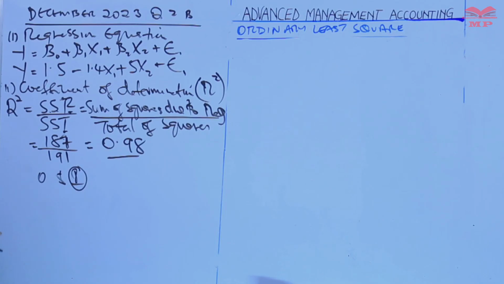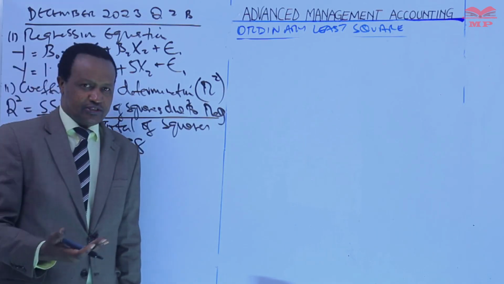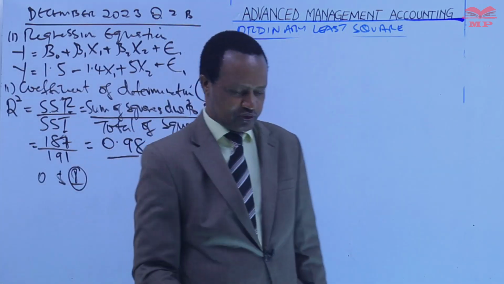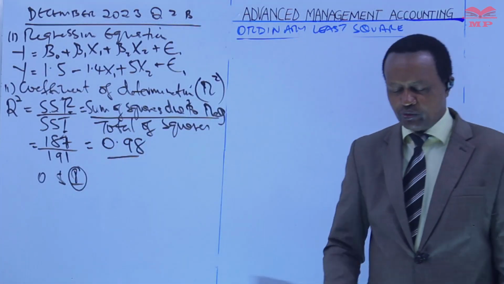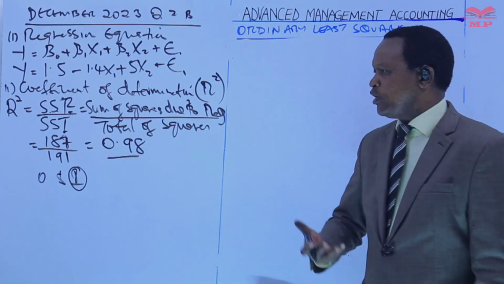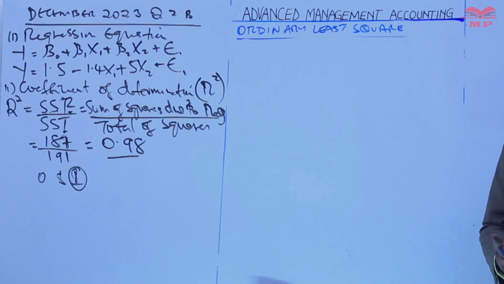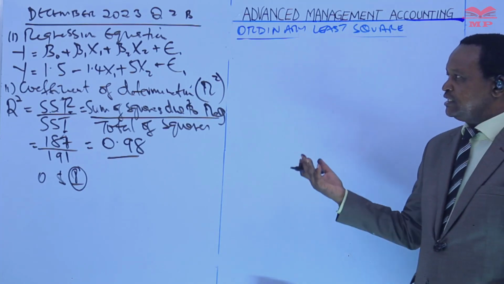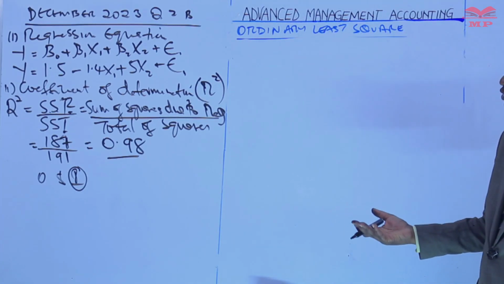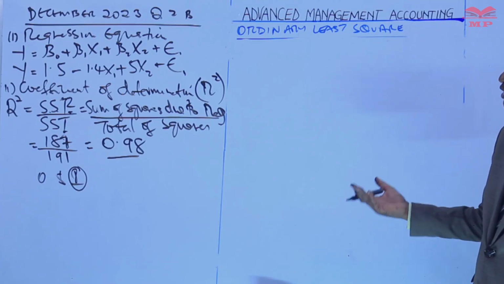A higher coefficient of determination suggests that the model is more accurate in predicting the costs. So we've calculated the coefficient of determination in this question that was tested in December 2023.